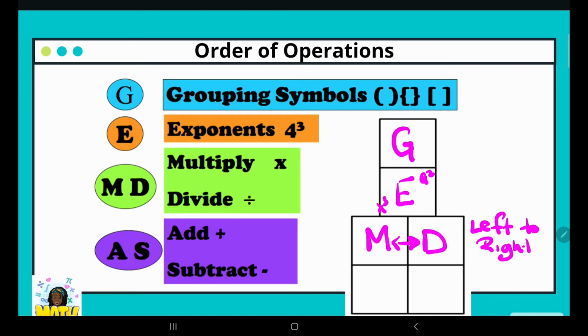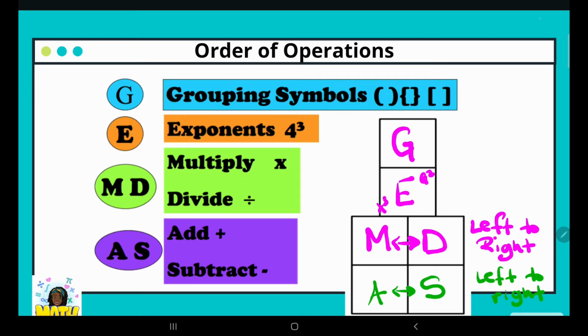And we'll see the same thing for our addition and subtraction. So they go addition and subtraction, and it's from left to right. So either of them could happen first.